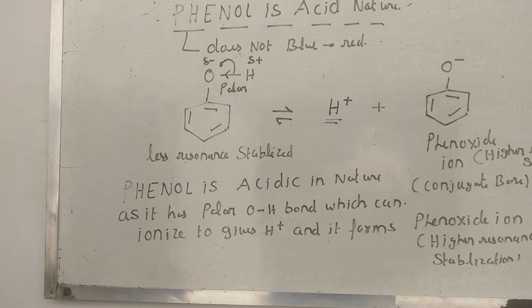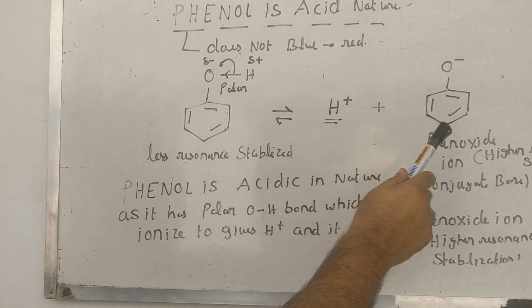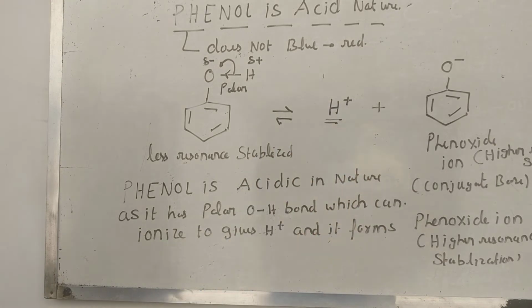So why is phenol acidic in nature? Because it gives out H plus ions to form something which is highly resonance stabilized, more than phenol. Now we have to reason out why this is less stable and why that is more stable. So the less stable thing becomes a more stable thing, and in the process gives out H plus ions, showing acidic nature. So let's prove why phenol is less resonance stabilized as compared to the phenoxide ion.